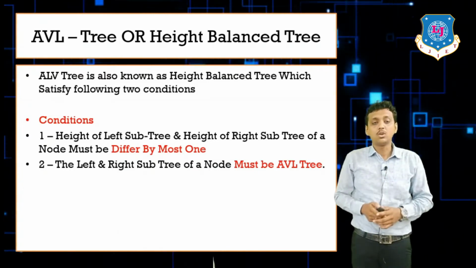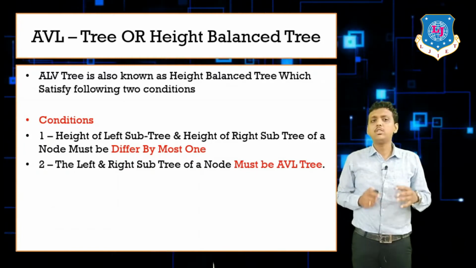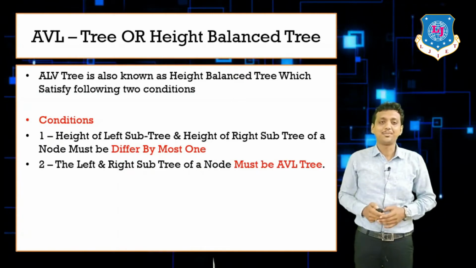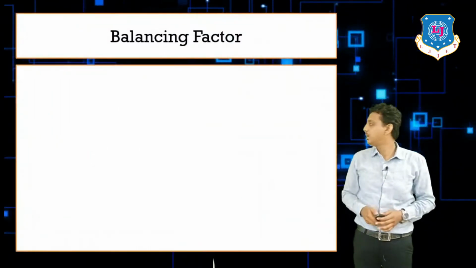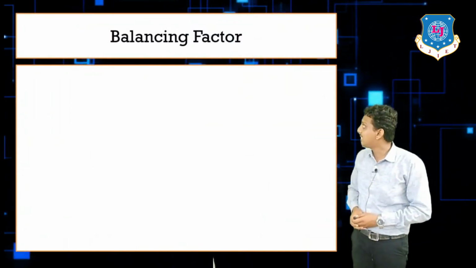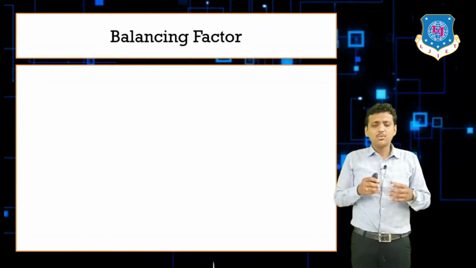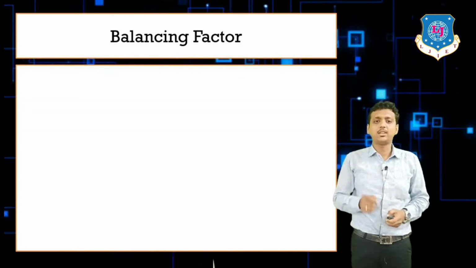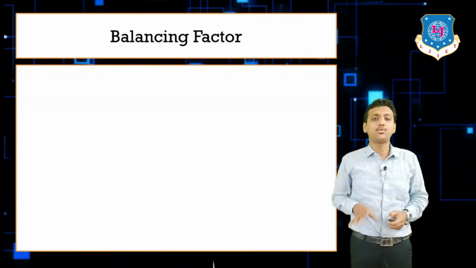Fine. So now the question is, sir, how can we find out the difference between both of them? Let's see. Here we have the next terminology, that is balancing factor. We always need to find out the balancing factor for each and every node of a tree.